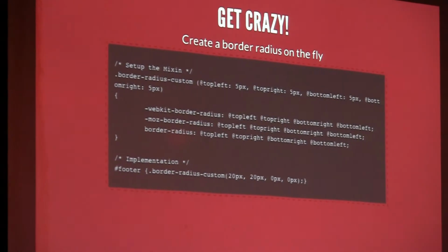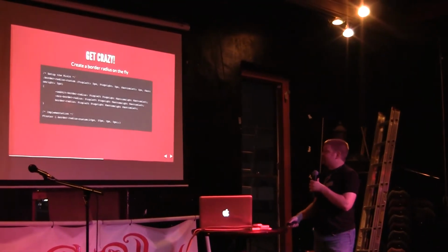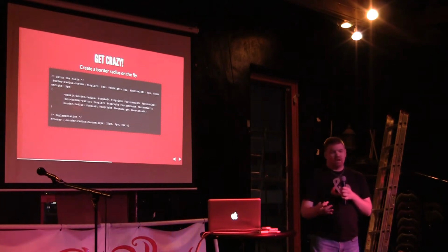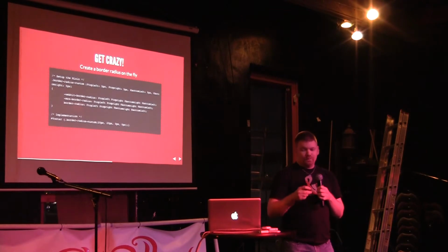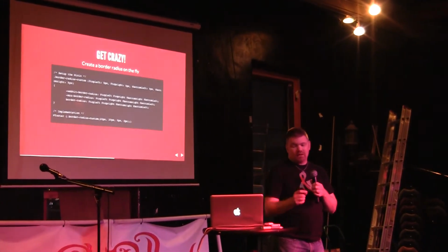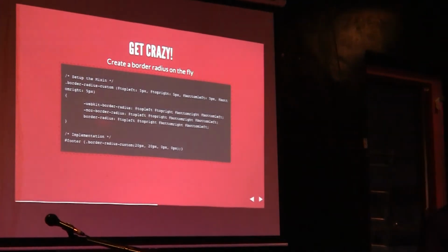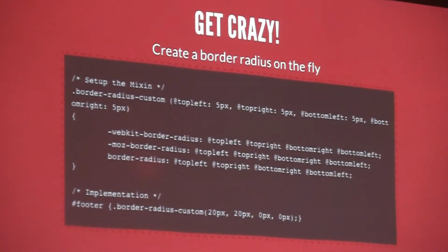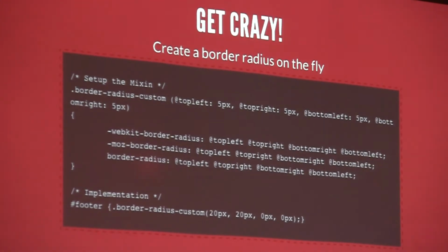This is another one that also combines a mixin with a variable. The example right here is border radius custom, and this allows you to predetermine it. By default, it'll give you 5 pixels in every corner, but if you want to follow that back up and give unique variables for top left, top right, bottom right, and all that, you can define those on the fly.